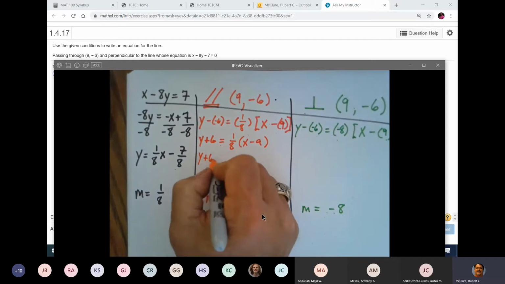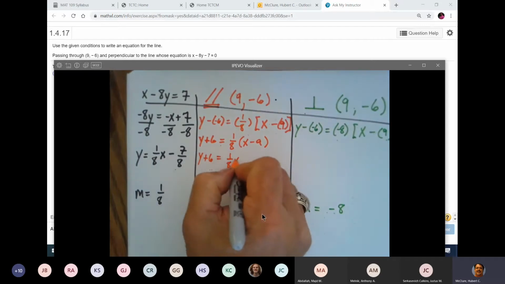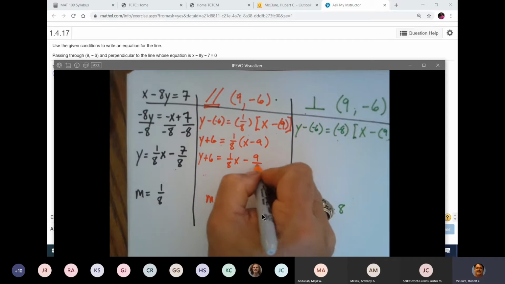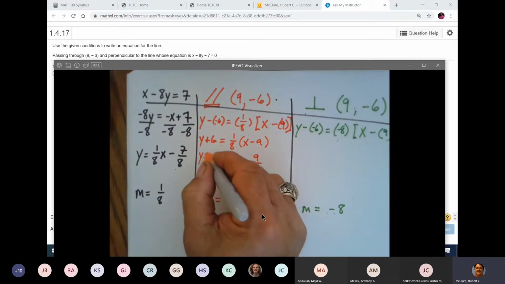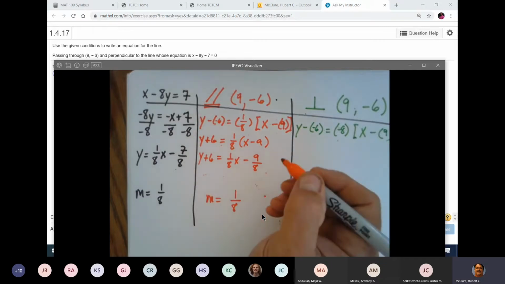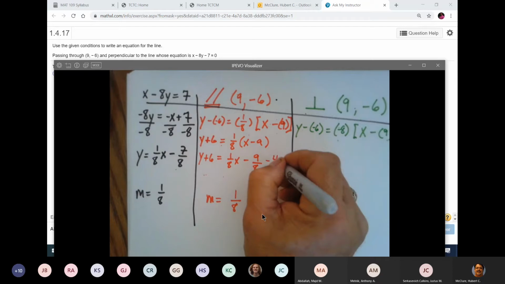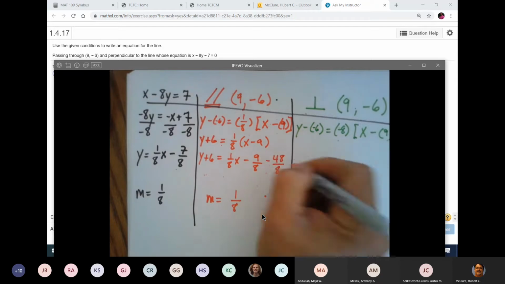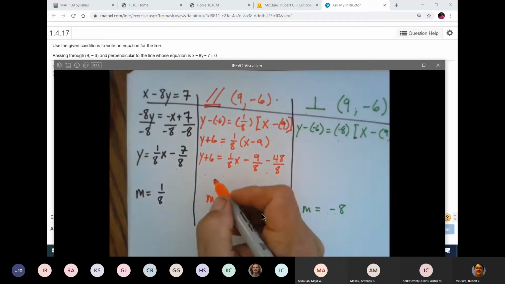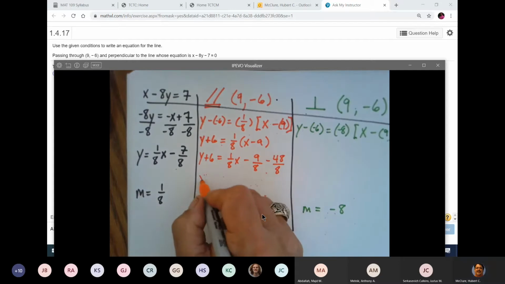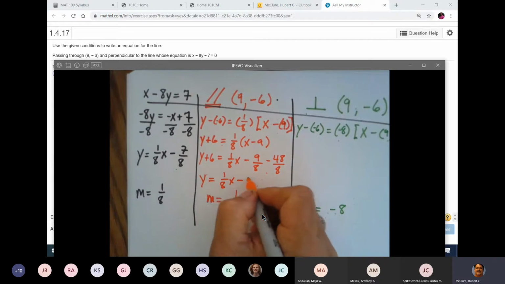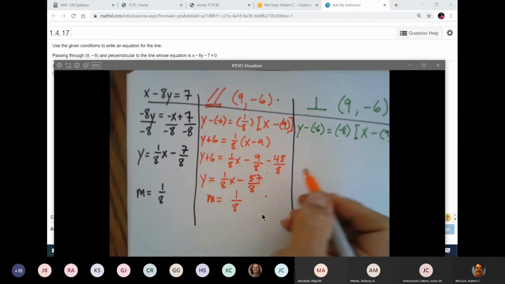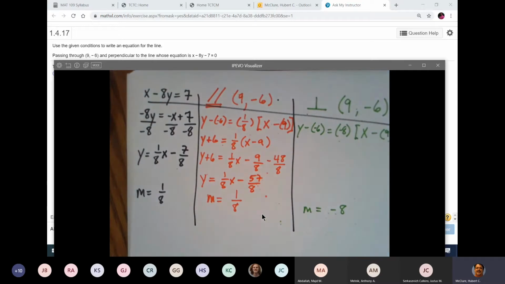Y plus 6 is equal to 1/8 x minus 9/8. Bring the 6 over as 48/8. And y is equal to 1/8 x minus 57/8. Okay, do the green.